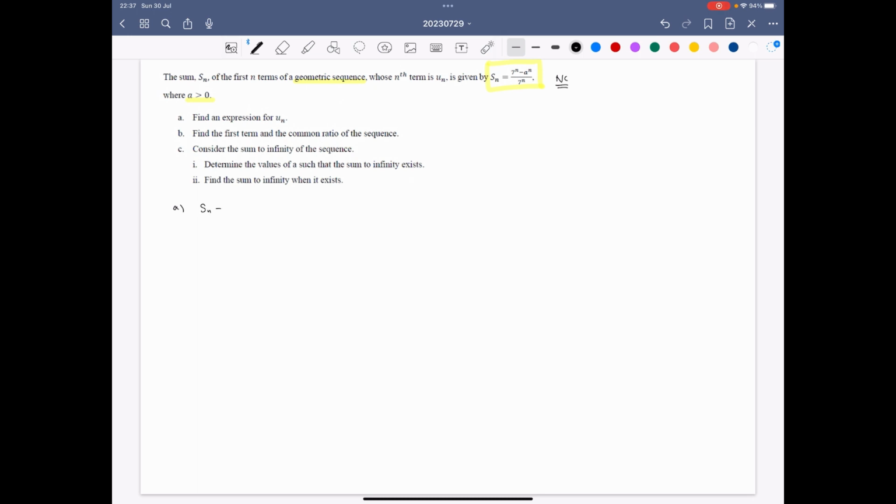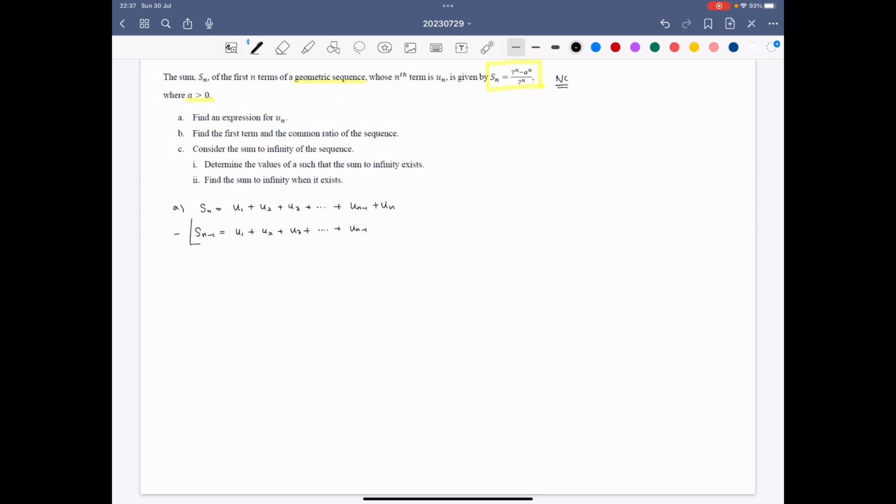So Sn, you know that it is the sum of terms from u1, u2, u3, and so on, up to un minus 1 plus un, right? So Sn minus 1 is the sum of the first n minus 1 terms. So the first n minus 1 terms are the same, but you are short of one term, right?